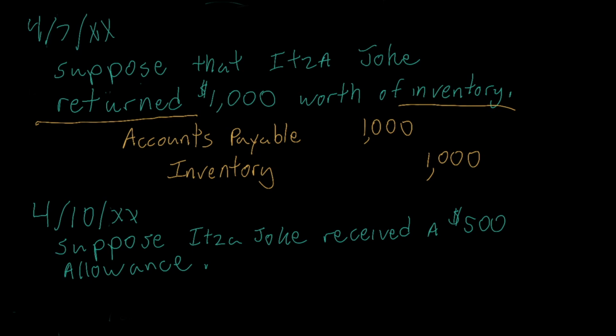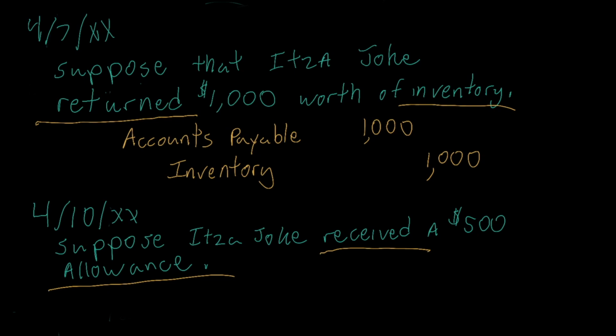What about on the 10th? What happened on April 10th? It says, suppose It's a Joke received a $500 allowance. So keywords, received, and an allowance, right? And so what do we know about allowances? Unlike returns, with allowances the purchaser gets to keep the actual goods, right?